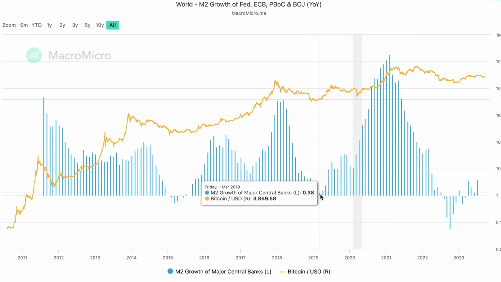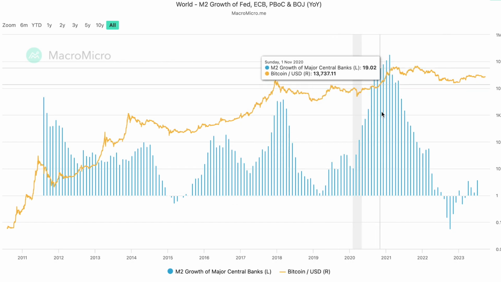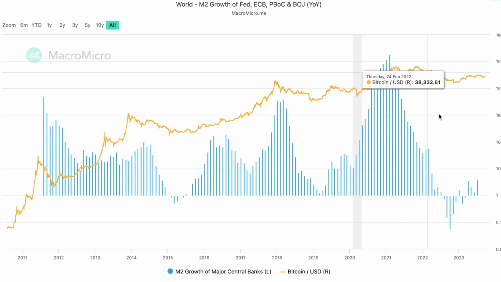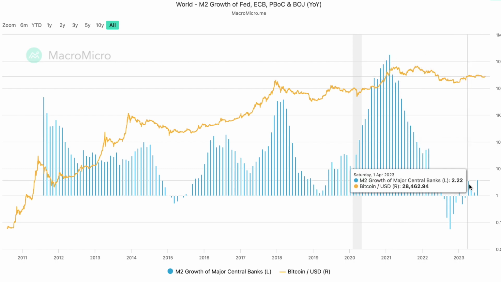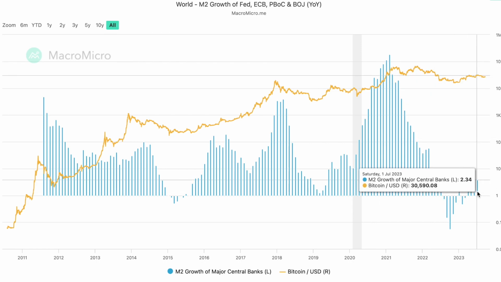Back here, whenever we were still positive but almost went negative at the lowest point of 0.38 in March of 2019, again we had many years of expansion following that period. And currently, we just flipped back positive in April of 2023, and so far have seen 3 months following of positive M2 growth.